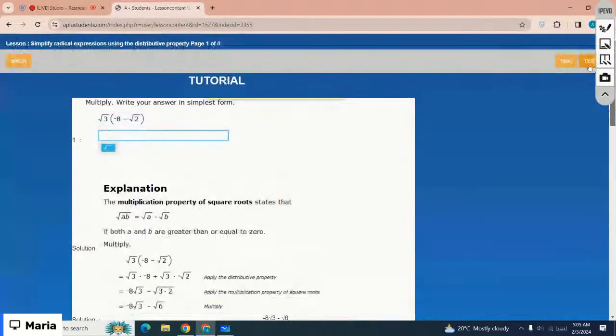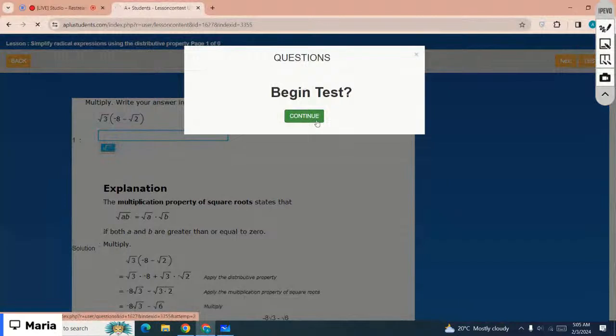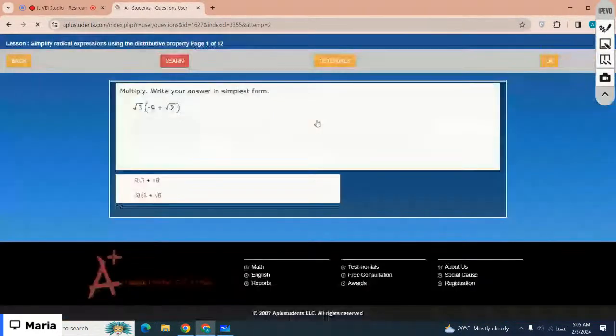Let's start with the test questions. Okay, multiply square root 3 times negative 9 plus square root 2. So you have to apply the distributive property over here.